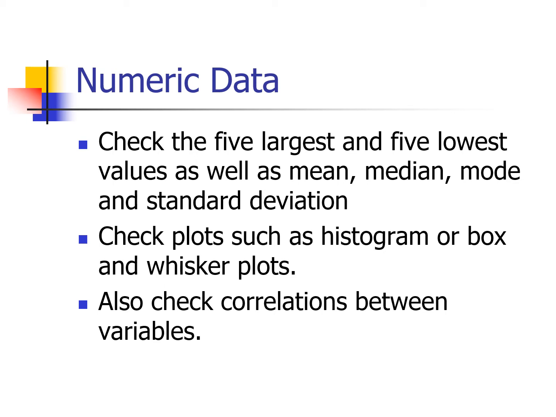We could also look at plots. Plots are very effective at showing us what's going on. You can look at a histogram or a box and whisker plot, something we should be familiar with from 511. It's also in our review slides from when we started this class. And you could also check correlations between variables. So all of these things help us determine if there are any data entry errors, particularly that first bullet point.